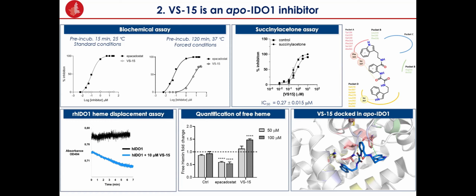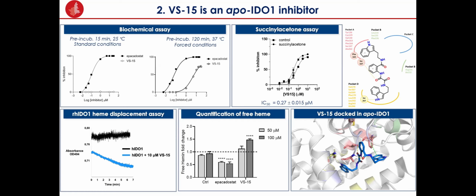A cell-based experiment in the presence of succinylacetone, which is an inhibitor of the heme biosynthesis. And you can see a shift of the dose response curve and a decrease in the IC50 value. We also did a spectrophotometric experiment where we evaluated the Soret band. A Soret band is an absorbance peak which is typical of proteins bound to the heme group.